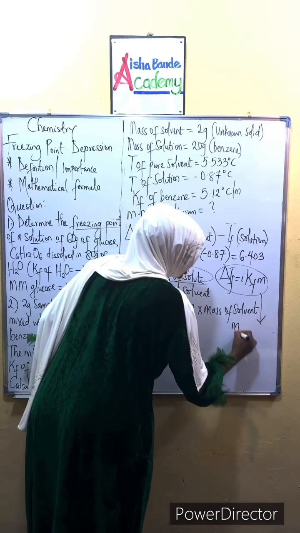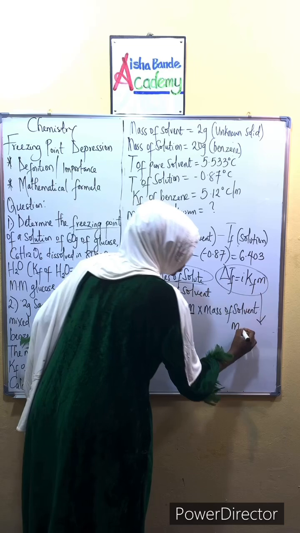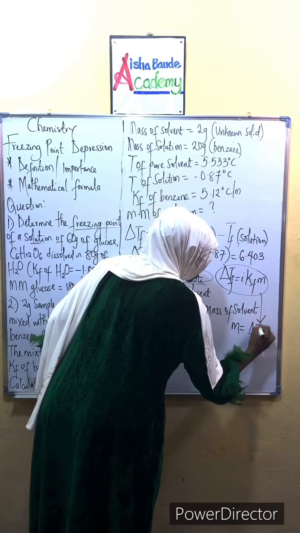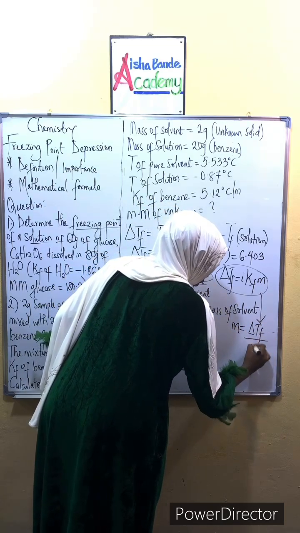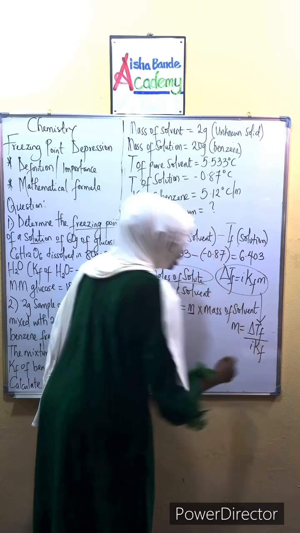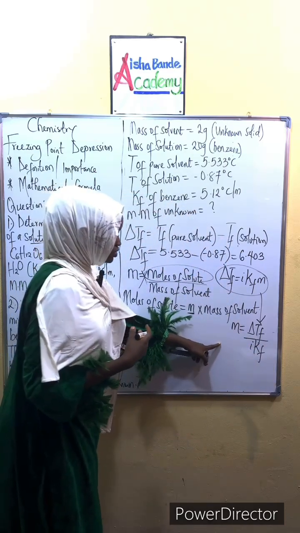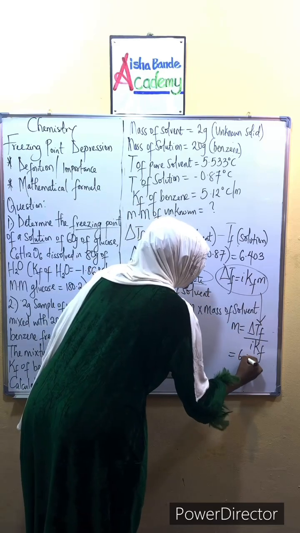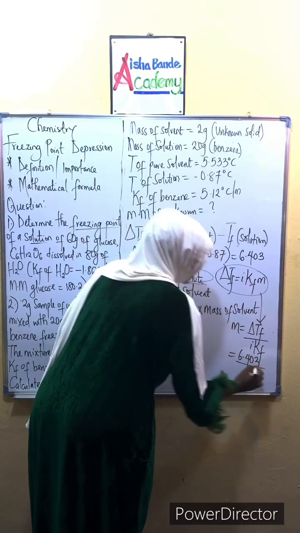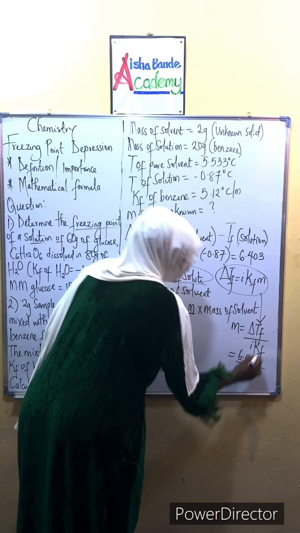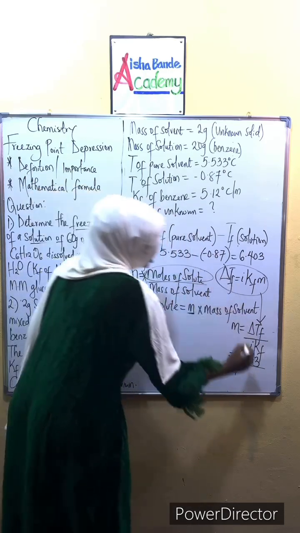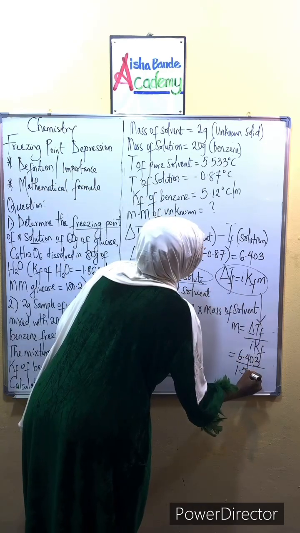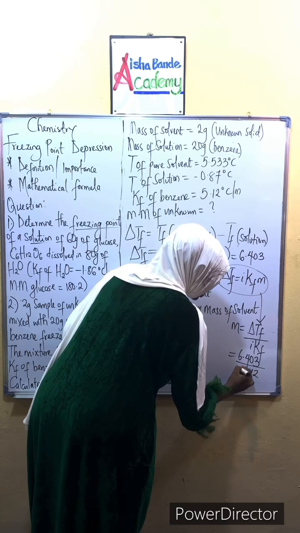Making molality the subject of the formula, m is equal to change in Tf over i times Kf. Substituting the values, we have 6.403 divided by i, which is 1, times the Kf, which is 5.12.